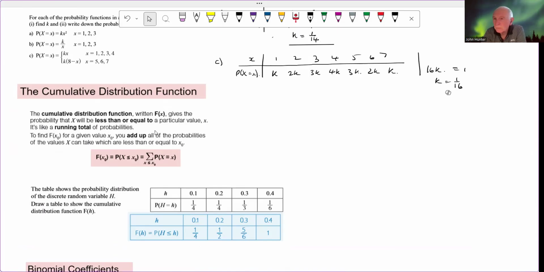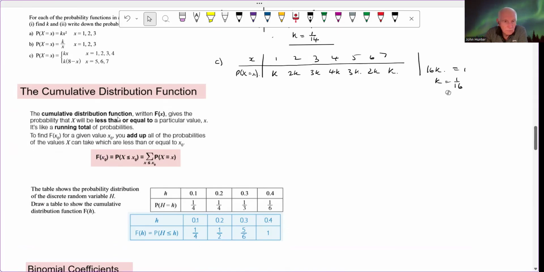It's a parallel kind of idea, really. These are quite useful when we need probabilities less than or equal to a particular value. All right, so that's what we've got there.